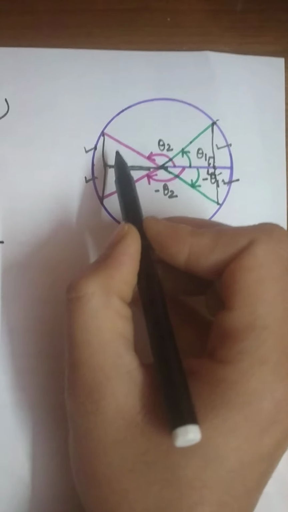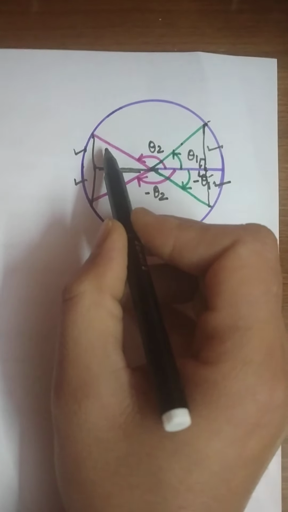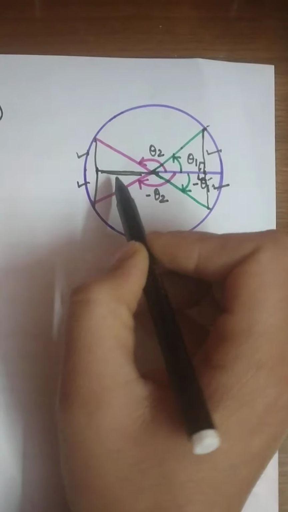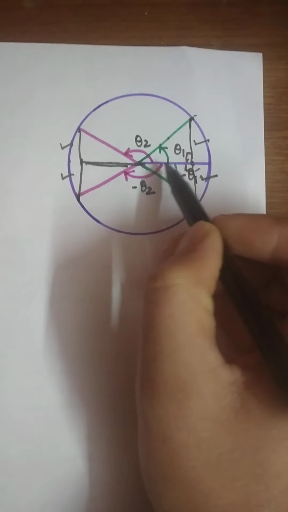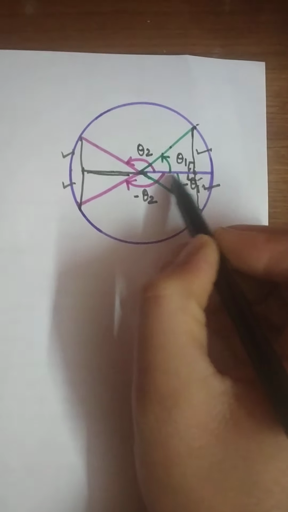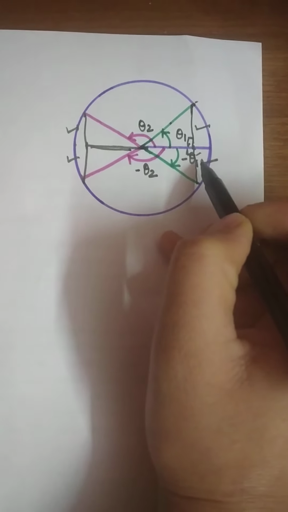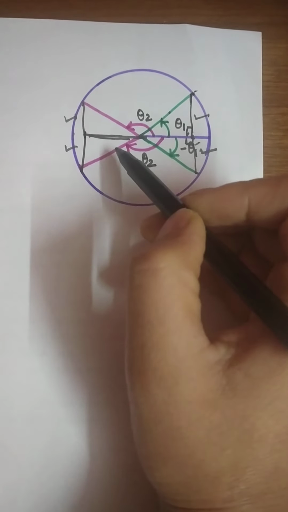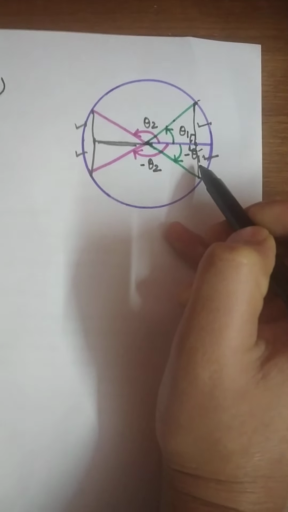Why? Because in the second and third quadrant, sine components are of opposite sign. Similarly, in first and fourth quadrant, cos component is same and the sine components are of different sign. Although the magnitudes of the sine component are same, every sine component of this is equal to the sine component of this in magnitude.